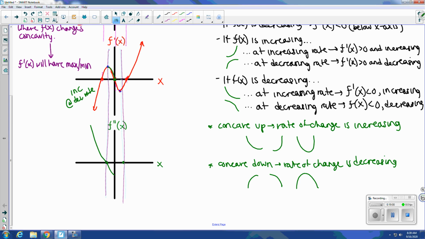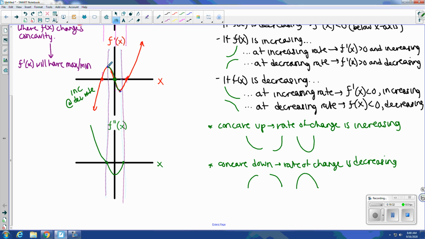And we can see that it switches concavity again right in the middle, which again, we have a point of inflection where the change in concavity occurs on f prime. So I expect to have, in this case, it looks like a min for f double prime, because it's decreasing, but now it's decreasing at an increasing rate in the second section. So below the x-axis, and it's increasing since the rate of change is increasing.